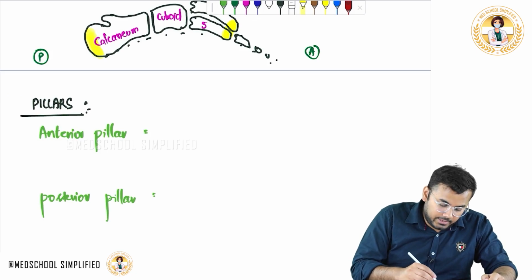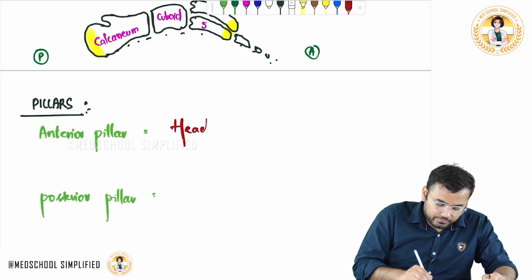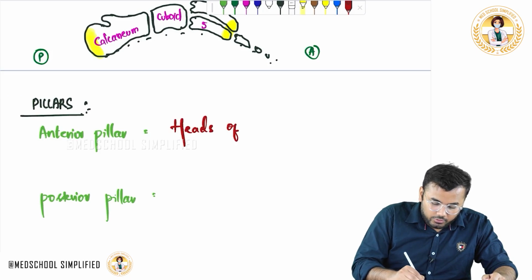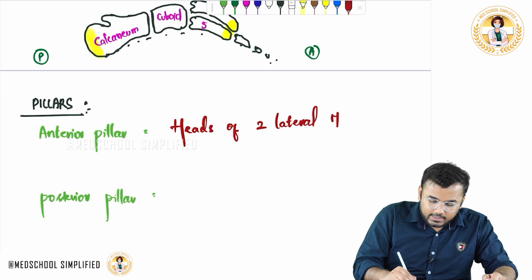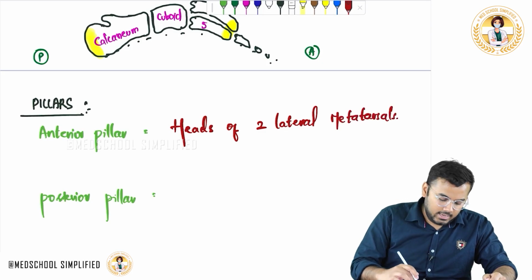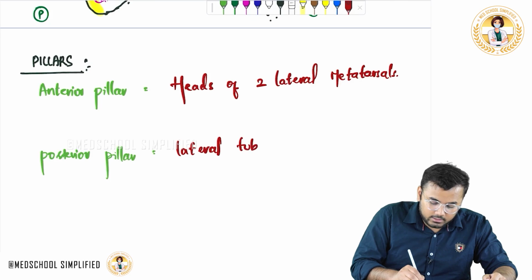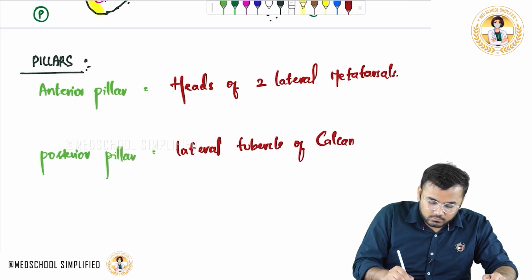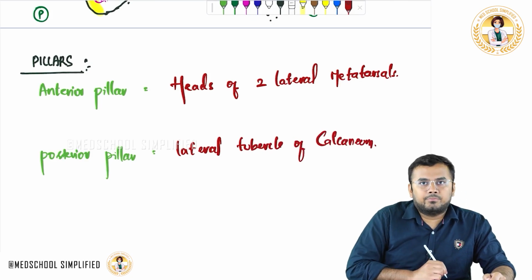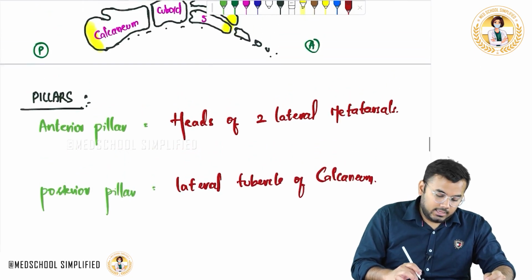So here the anterior pillar is formed by the heads of two lateral metatarsals, and the posterior pillar is formed by the lateral half, or lateral tubercle, of the calcaneum. Okay, now after the pillar, next the summit.